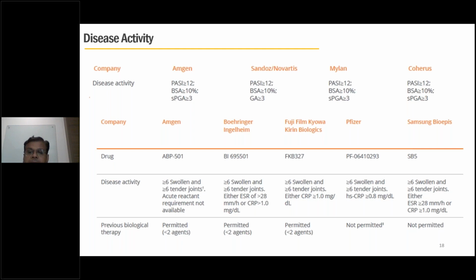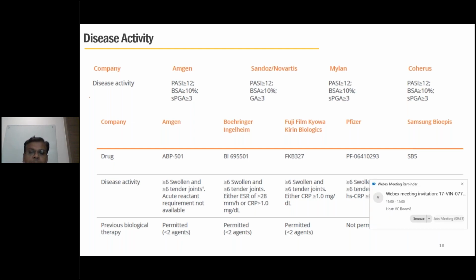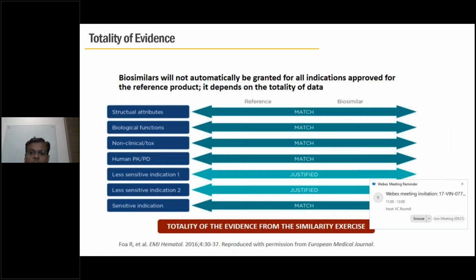CRP is simple, validated, and reproducible, and is not affected by your gender or age. So CRP is a better marker as compared to ESR, because ESR depends on age as well as gender. These things are to be taken into consideration when you are comparing efficacy across different agents.